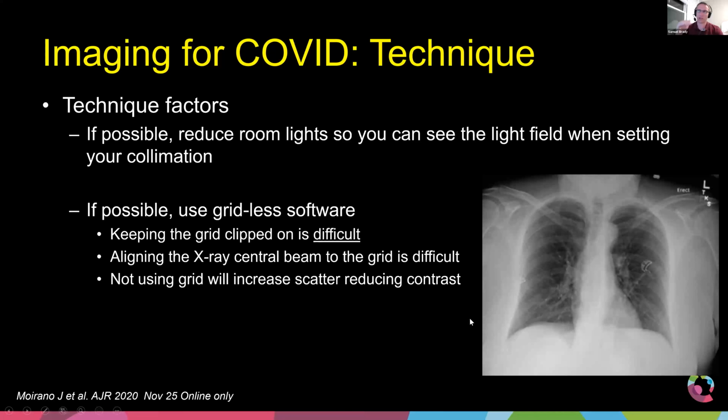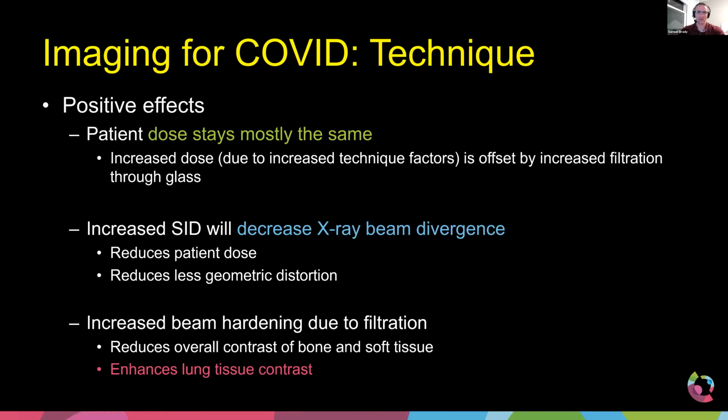Now, if you are going into the room and placing it under the bed, under the patient, then you can still do a grid. If they're sitting in a wheelchair and you're putting it behind their back, you could probably use a grid as long as you can get that as well positioned as possible. So do your best with the grids.